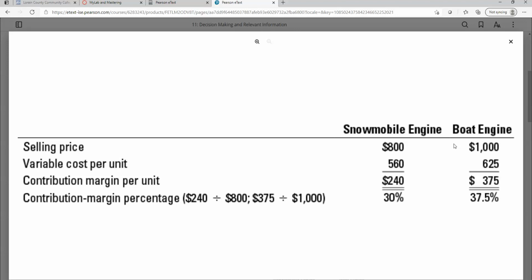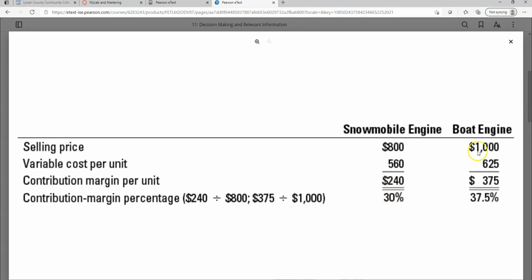They make two different types of engines: snowmobile engines and boat engines. Snowmobile engines sell for $800. Boat engines sell for $1,000. We take the variable cost per unit that are relevant in the situation, $560 for snowmobile engines, which leaves us a contribution margin of $240 per unit. And that gives us a contribution margin ratio or contribution margin percentage of 30%.